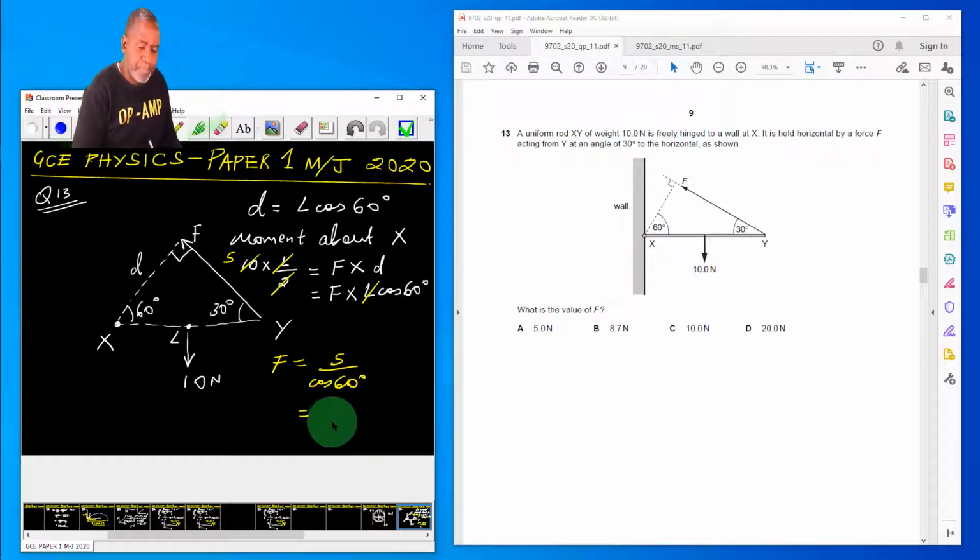Cos 60 from the calculator, it is 0.5. So I can do 5 divided by cos 60. I expect that one to give me 10 newtons. So the value of F is 10 newtons.